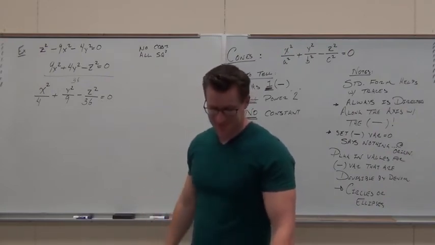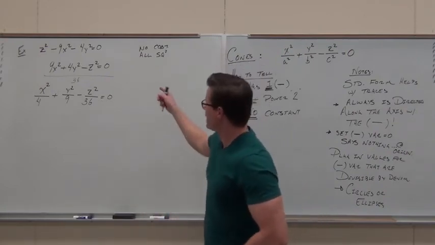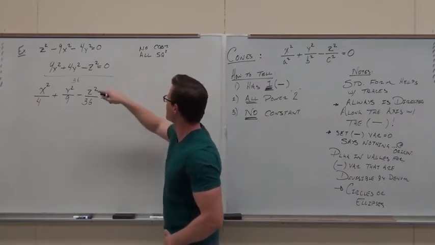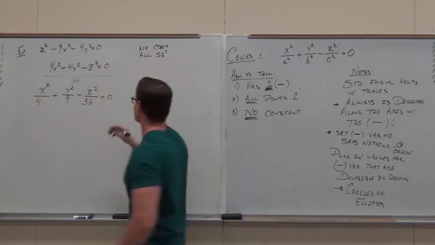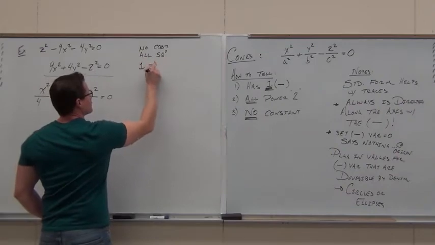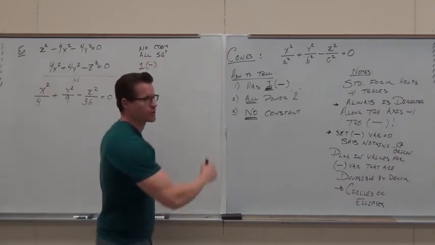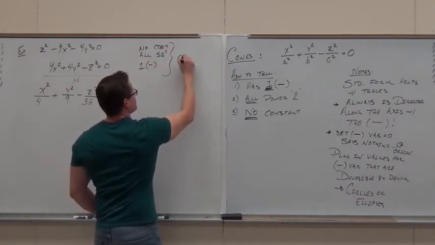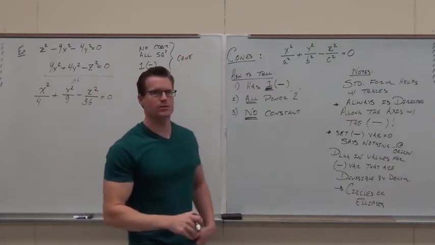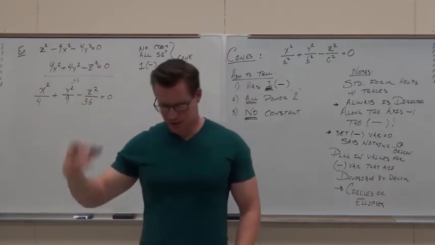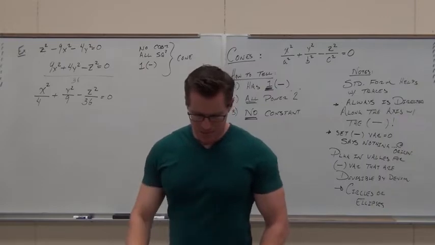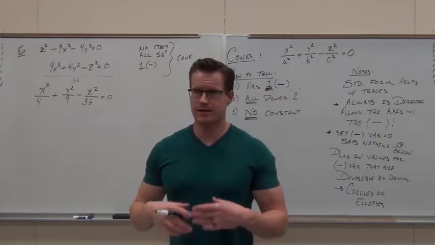It's kind of nice. So now we go, okay, yeah, that looks better. There's no constant, they're all squares, there's one minus. That's for sure a cone. Quickly, where are all cones centered at? For us, yes, that's right, we're not going to be shifting them. If they're all centered at the origin, that acts like one trace.